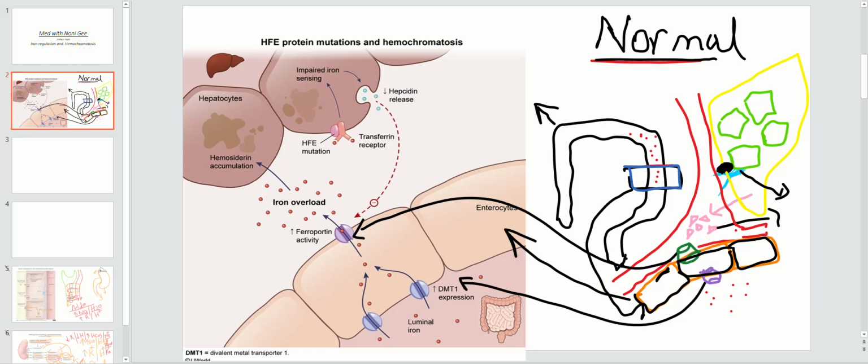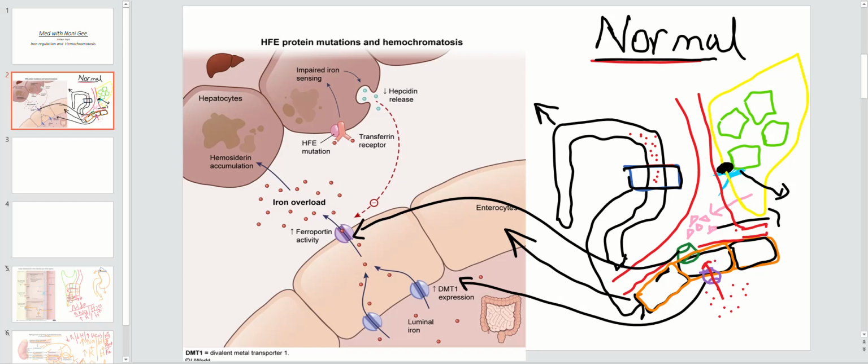So over here in red I show you that these are the iron, right? In the intestine over here. So when we absorb iron from the food, when the body senses that there is decreased iron, it will cause increased iron absorption from the food through DMT1, which is your divalent metal transporter 1, which absorbs the iron.